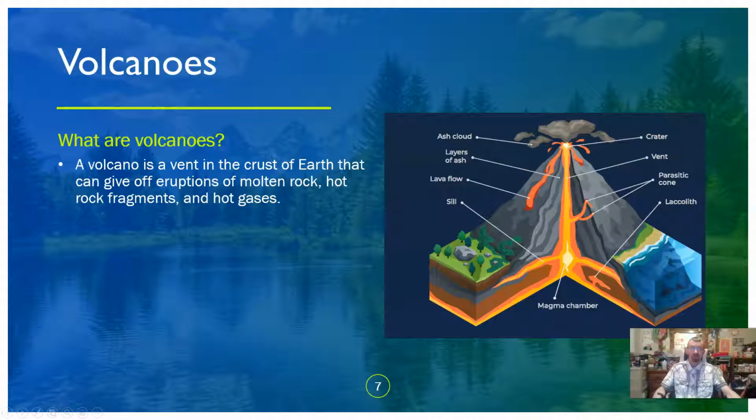You have the chamber in the center, the ash cloud at the top, a crater, and then layers of ash, and that vent that I was talking about. And there's a parasitic cone, lava flow, and sill.